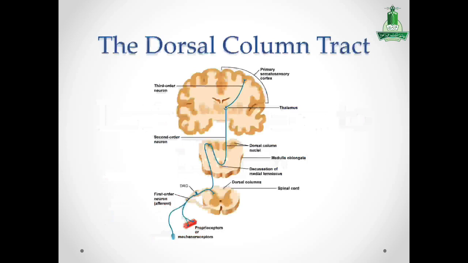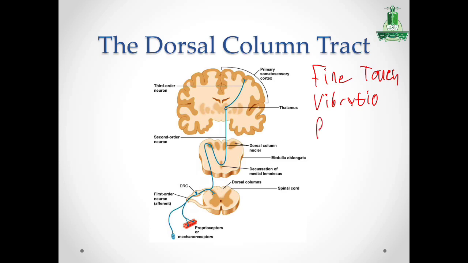What are the individual components or the individual features that are resulting in this ability to discriminate objects while closing your eyes through sensation? They are fine touch, vibration, proprioception.